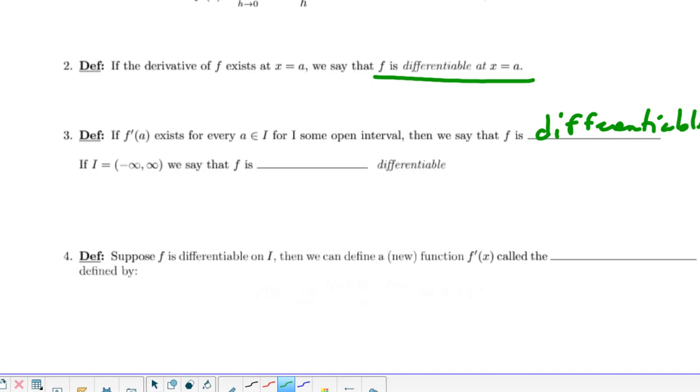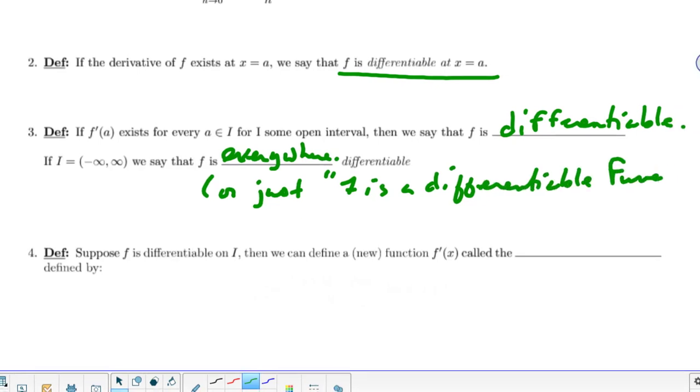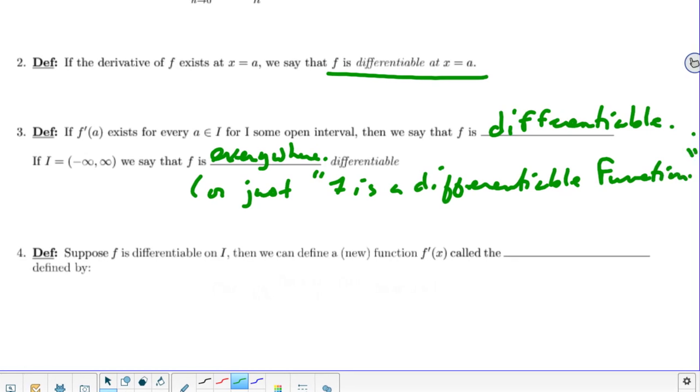If it's differentiable on the entire real line, then we could say that f is everywhere differentiable, or just f is a differentiable function. So if I say the function is differentiable, what do I mean? At every single point on the number line, you can compute its derivative.